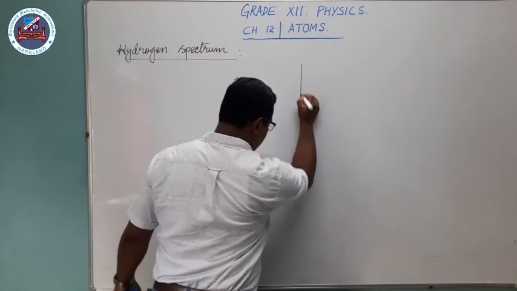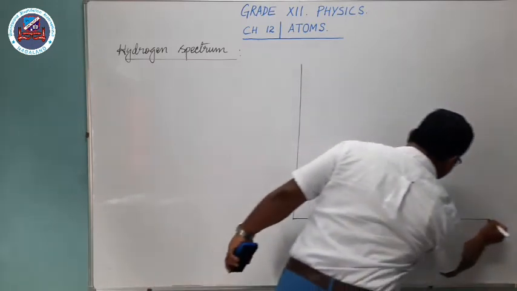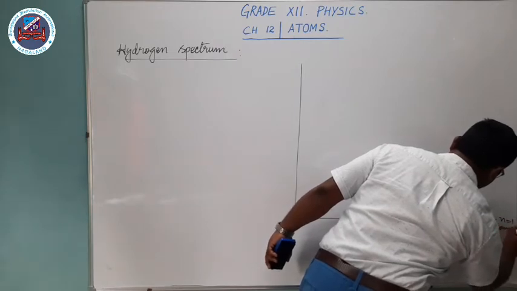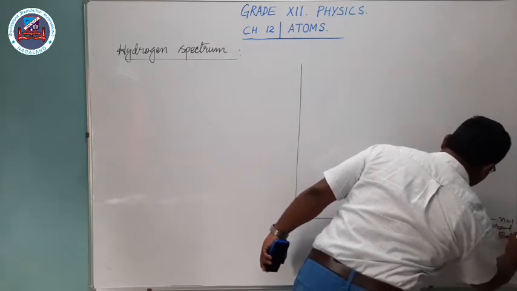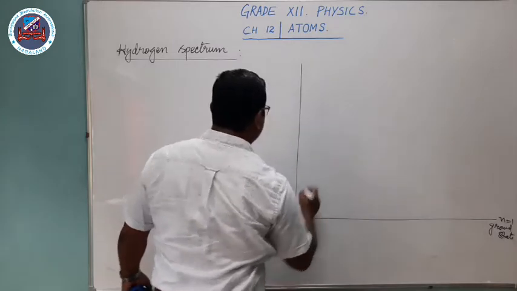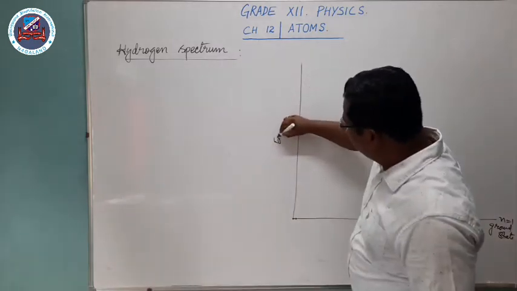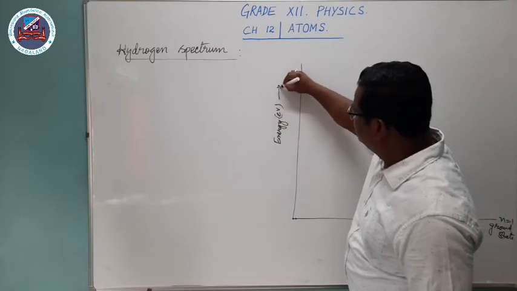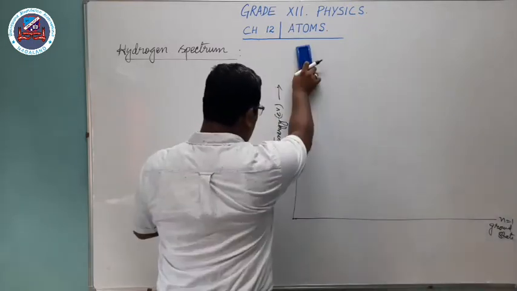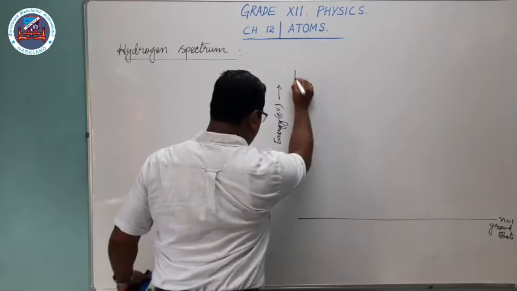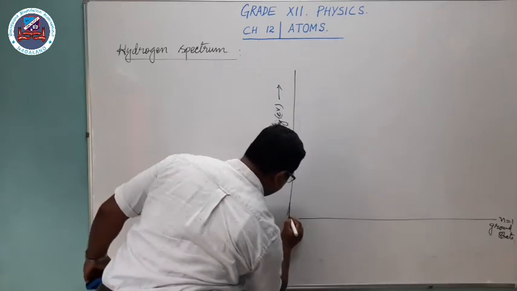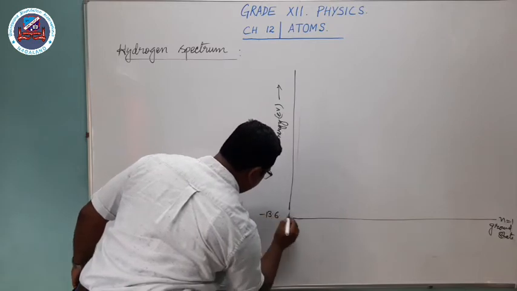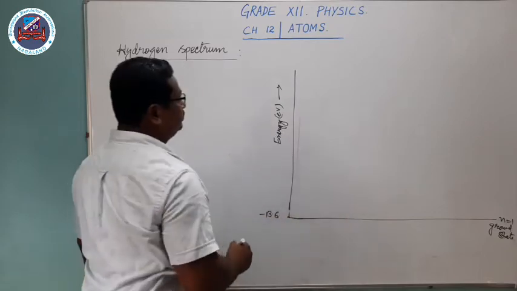If you draw the spectral lines, this is the ground state, n equal to 1, and the energy in electron volt. We know that in the ground state the energy is minus 13.6 electron volt.